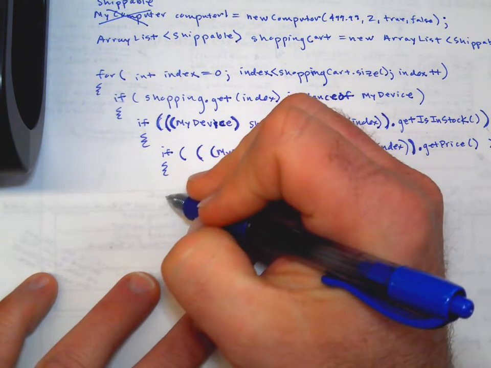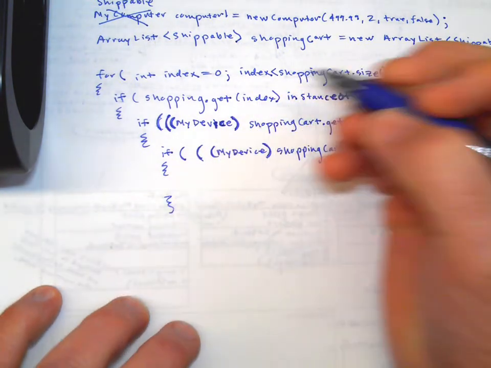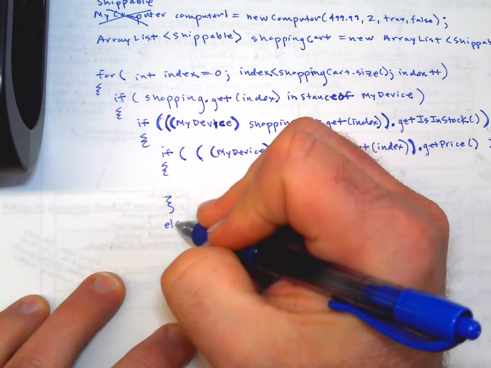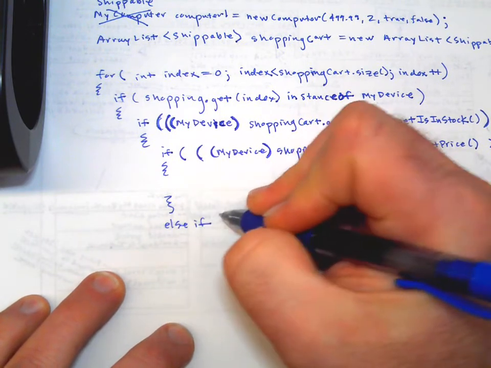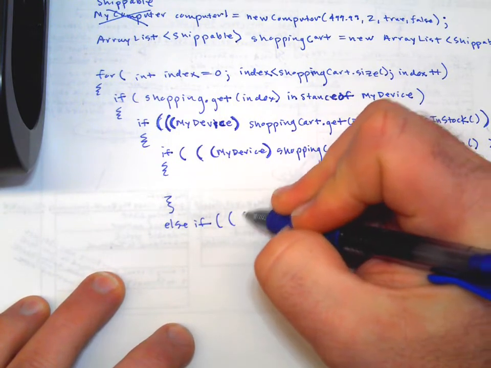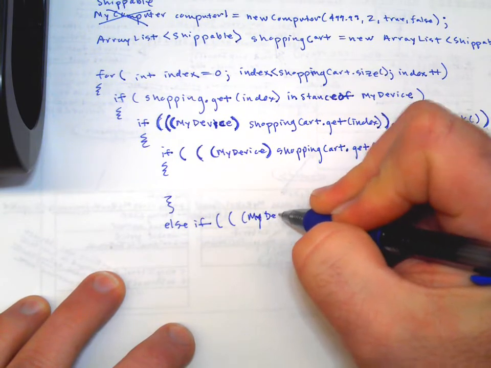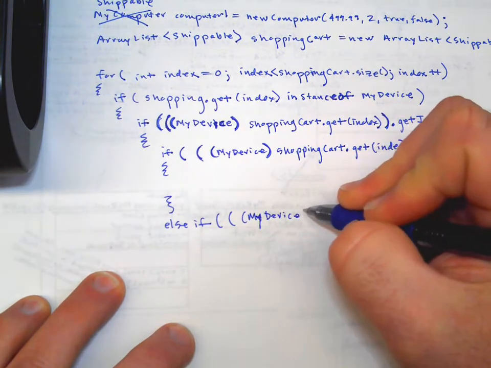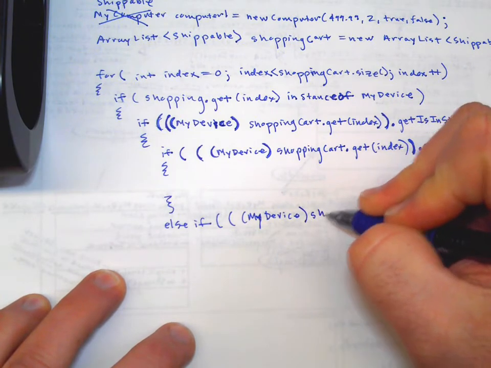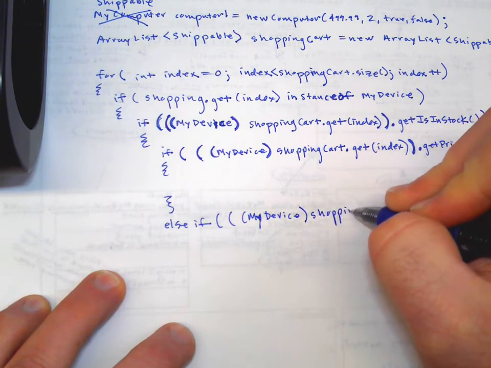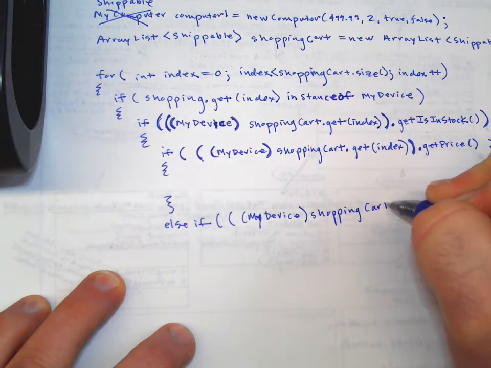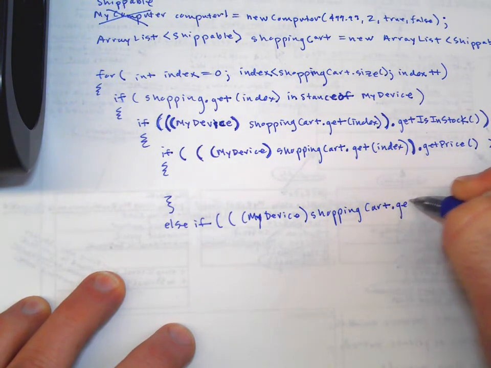And then you probably have an else if, and you're going to have to do the casting again. So I'm helping you guys out here. It's a little annoying. There might be other ways to deal with this.